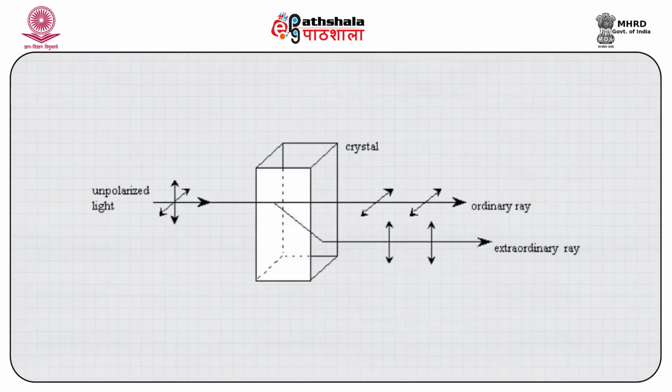Here you can see in the diagram that we have a crystal which is placed in the path of a ray. This is an anisotropic crystal and it has different electronic environments in its x, y and z directions. When an unpolarized ray of light which is vibrating in all possible directions enters an anisotropic mineral, it gets split into two rays which are vibrating perpendicular to each other.